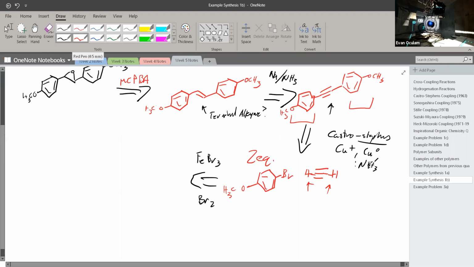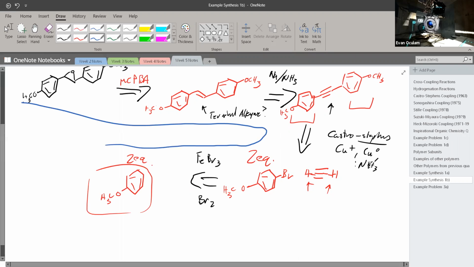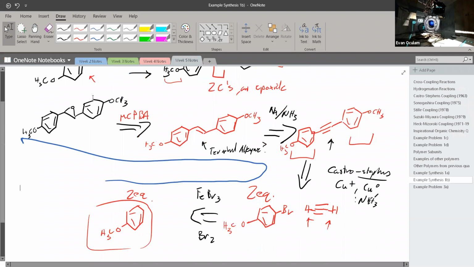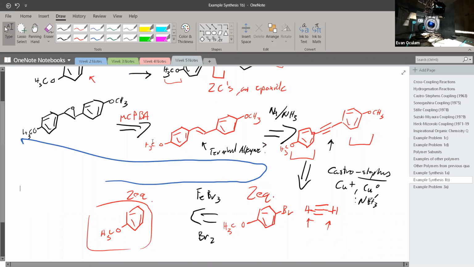Well, in that case, we get our initial product right here. And again, we use 2 equivalents of that. And so in order to go to this reaction forward, we go all the way up here, go back around over to here. So this is the general retrosynthesis of this molecule from this one right here.